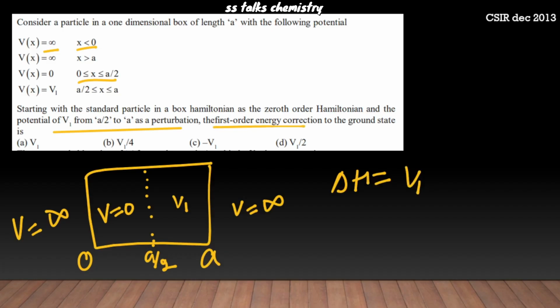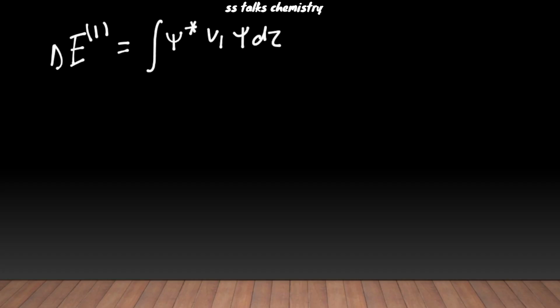The first order energy correction is equal to the integration of the conjugate of the wave function times the perturbation times the psi d tau, right? So now just substitute the values. The energy correction will be psi star, the perturbation V1, into psi d tau. The limits are from A by 2 to A, because only in that region has the perturbation been applied.